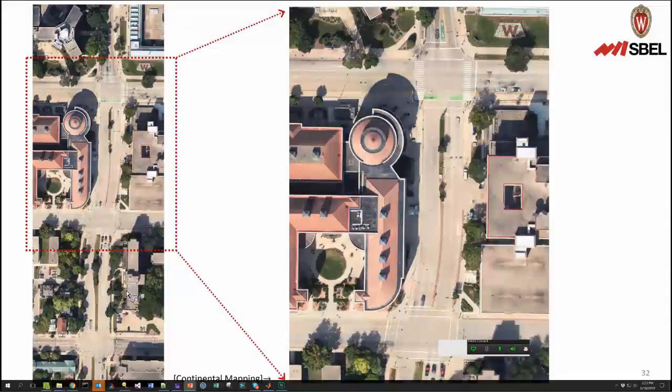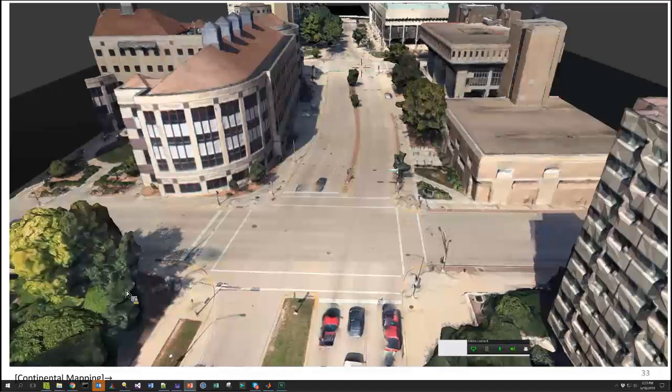In terms of virtual worlds, this is an airplane picture of that intersection, Park Street with University Avenue. This was taken from a Cessna flying above that part of Madison. And on this slide is a mesh that was generated based on that information.